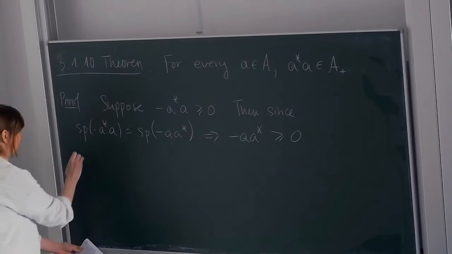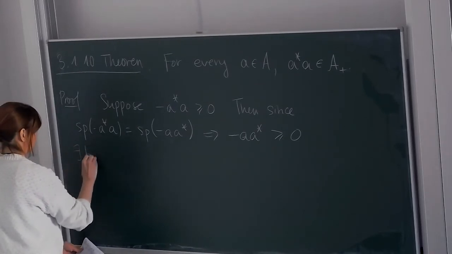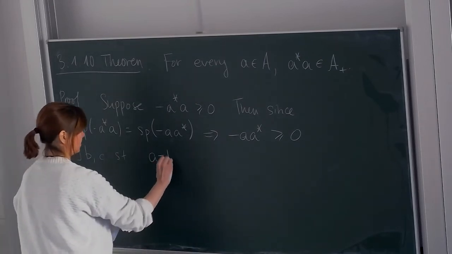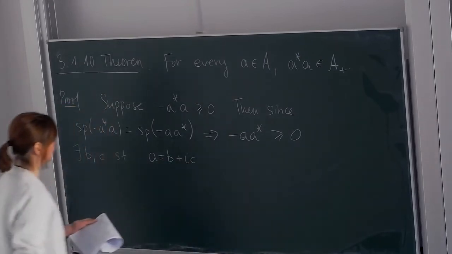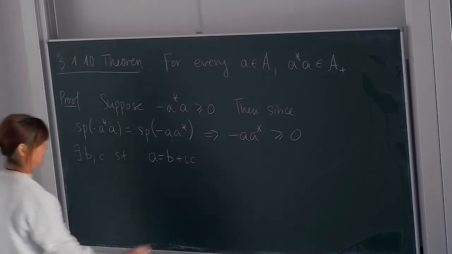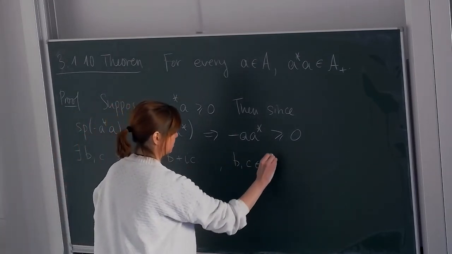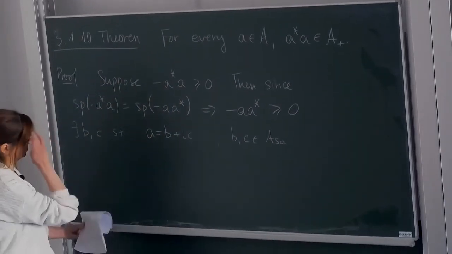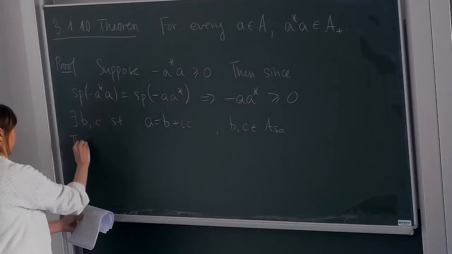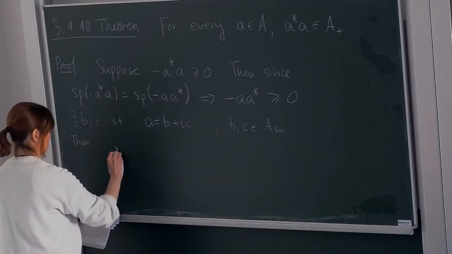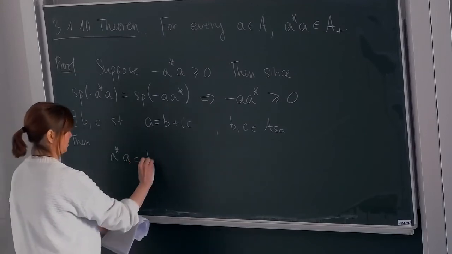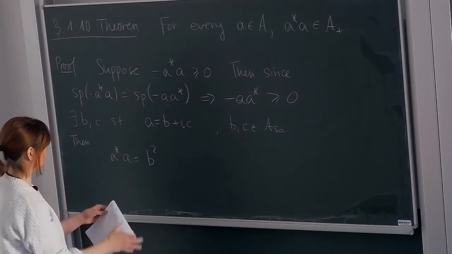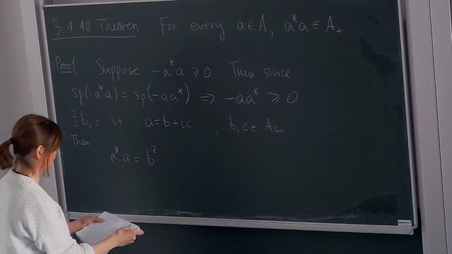Okay, so now let's write A as the sum of self-adjoints. And we can calculate this, so it's going to be B squared. Since B is self-adjoint, we don't need the star there.